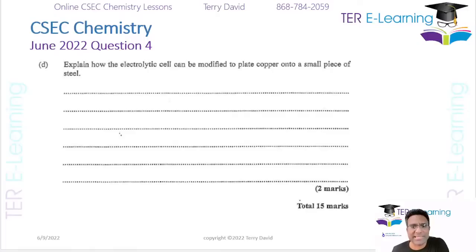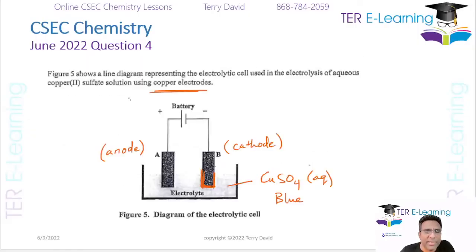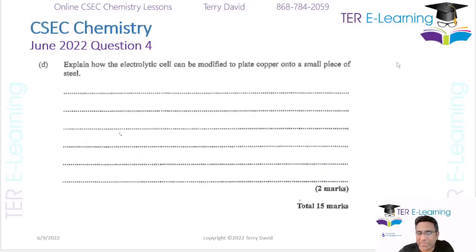Next part now. Explain how the electrolytic cell can be modified to plate copper on a small piece of steel. Right? So they've asked this question several times. So the only change you guys need to make to the diagram, so I go back to the diagram here. We have the anode on the left side. So this is electrolysis they're asking us about here, sorry, electroplating, right?